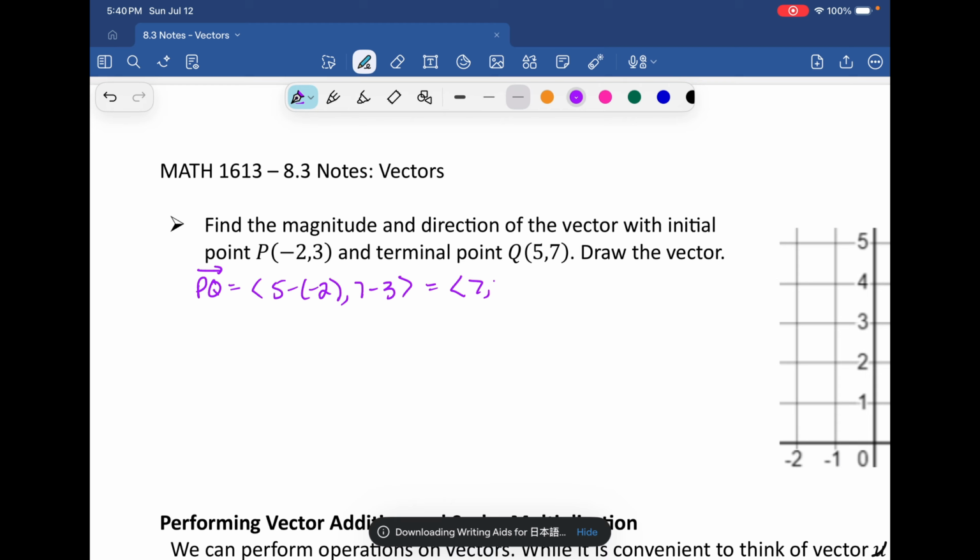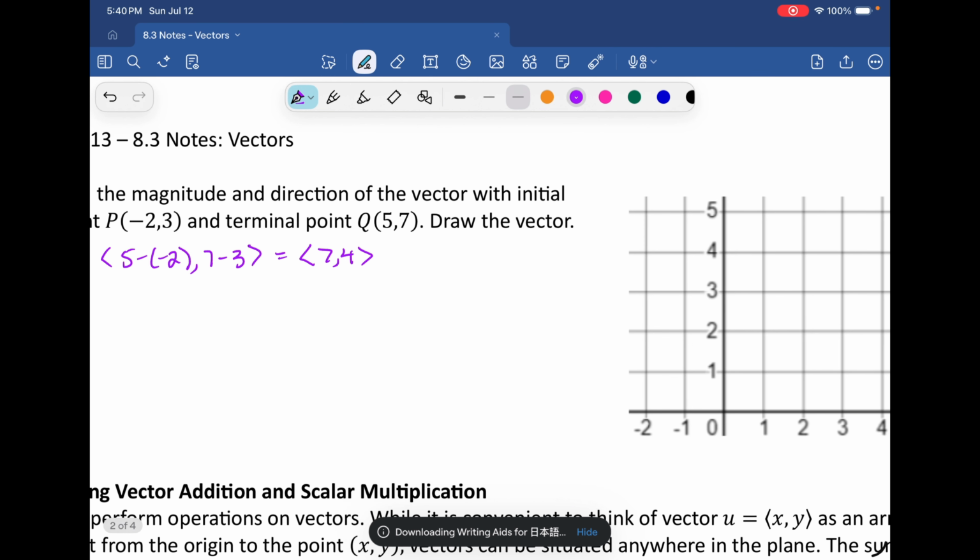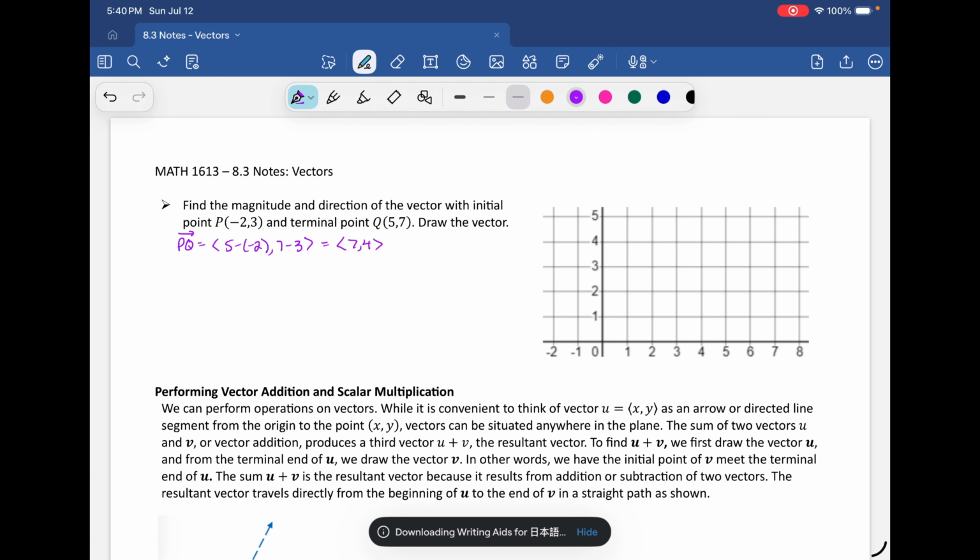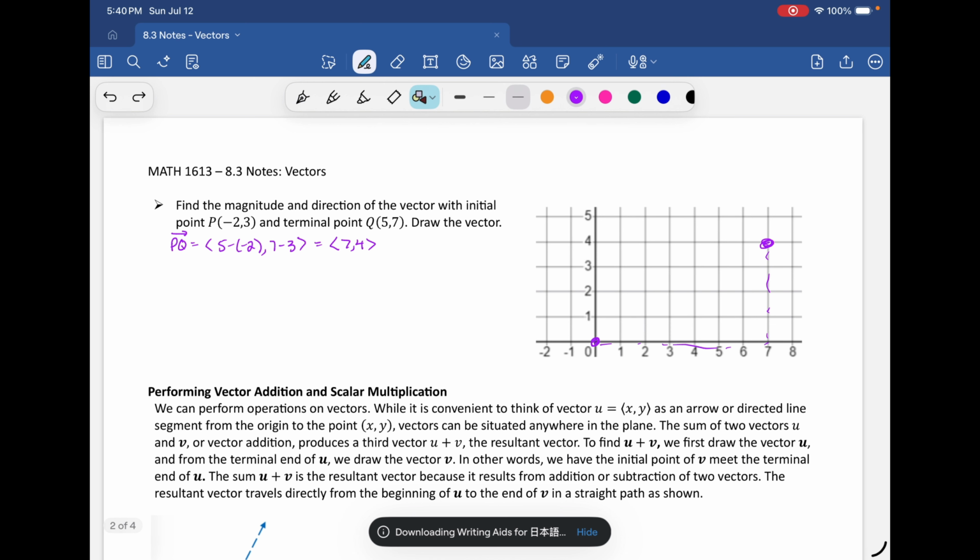So that's 7, 4. So we go right 7, up 4. Draw your vector. And don't forget the arrow at the end.